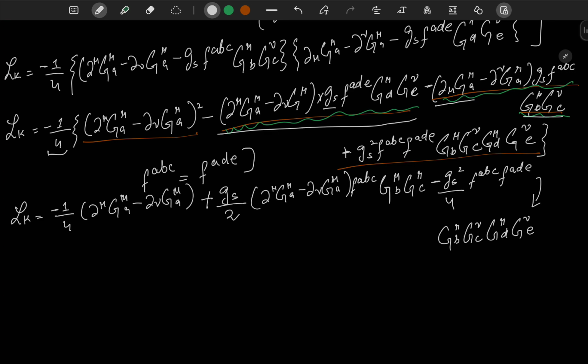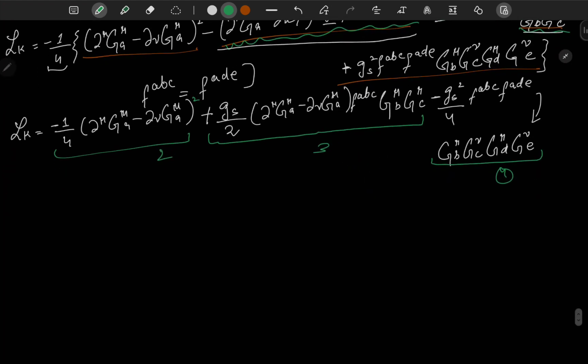So this term right here is the 4 gluons interaction, and the 3 gluons interaction term. I forgot to put a square here. So 3 gluon interaction and 4 gluon interaction.